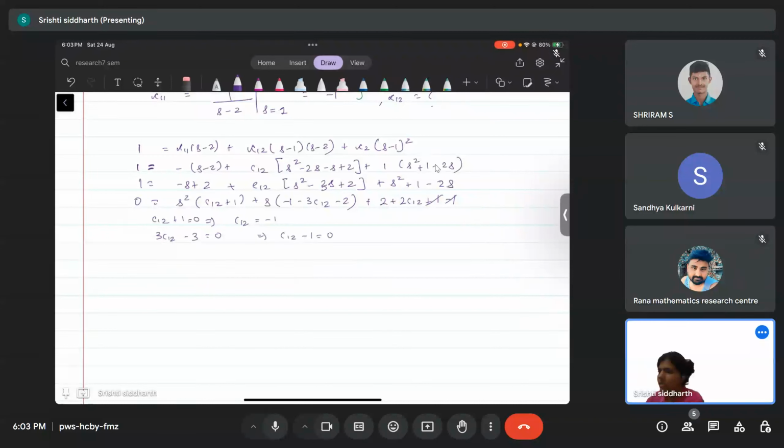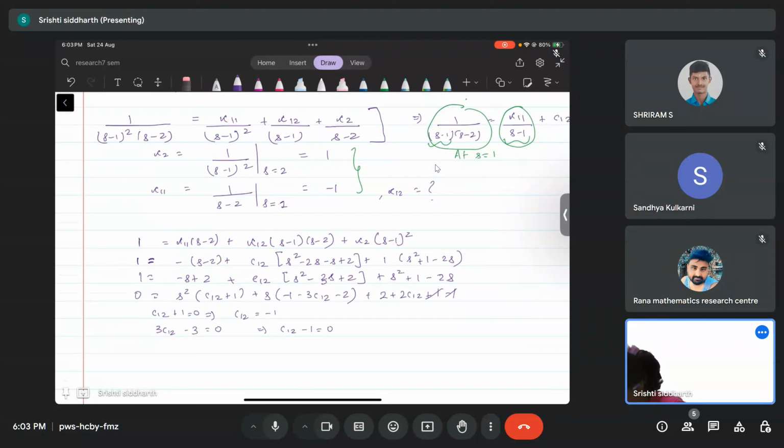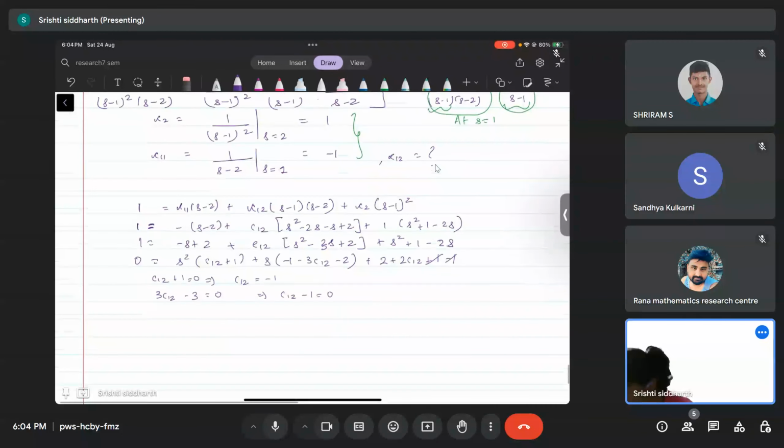Okay, so we have contradictory statements. Just a second, let me check if there's a mistake somewhere. So C2 and C1 are fine.